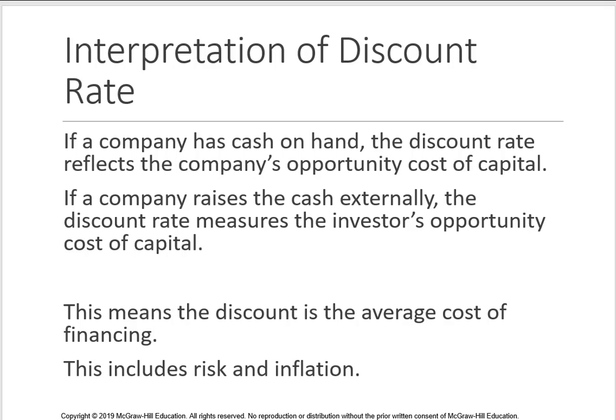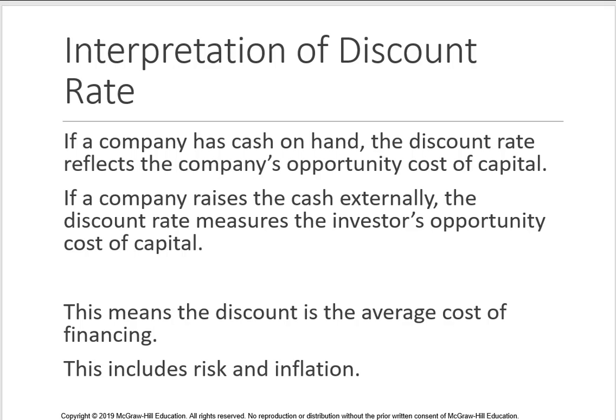If you are a sole proprietor, your only source of external funding are loans. So the cost of capital for a partnership or a sole proprietorship is the interest on the loan. If you're a corporation, you can issue stocks and you can issue bonds.